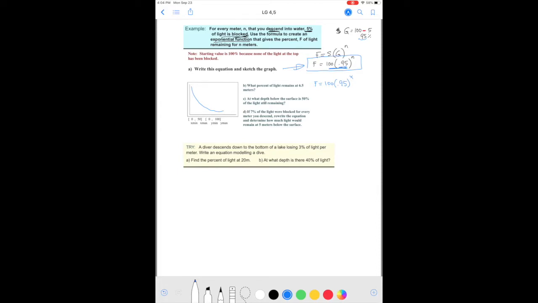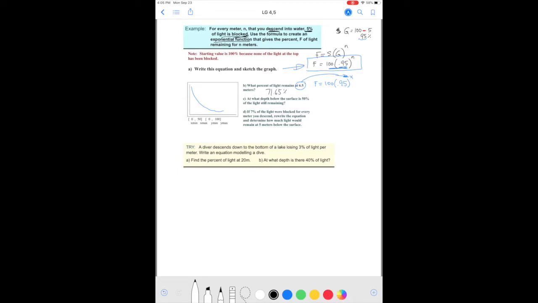And we are going to put the 6.5 into that depth, that x right there. So we type that into the calculator, and what comes out is 71.65% of light.